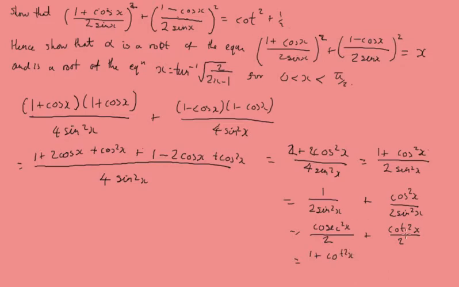So when you see the cot, you're looking to try and get them into the same trigonometric identity, over 2.